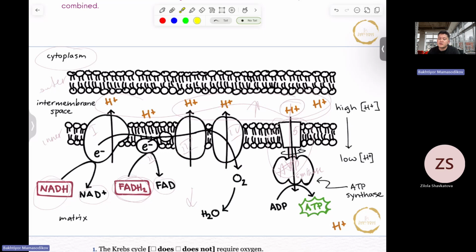This is oxidative phosphorylation because it needs oxygen and adds phosphate to make the ATP molecule. Oxygen accepts the electrons from complex 4 and combines with hydrogen to make water. If there is no oxygen, electrons cannot move, the chain stops, no ATP, and the cell is going to die.